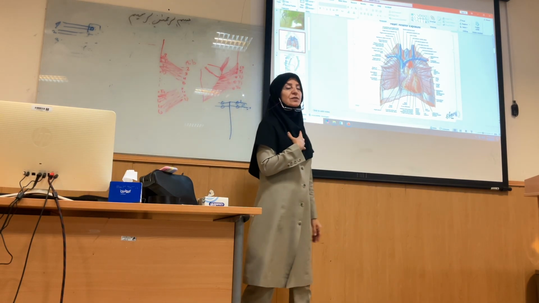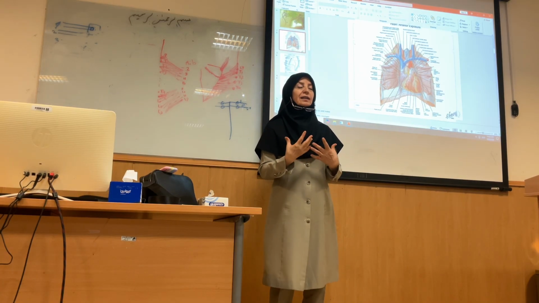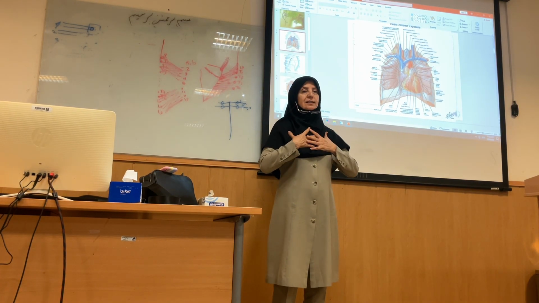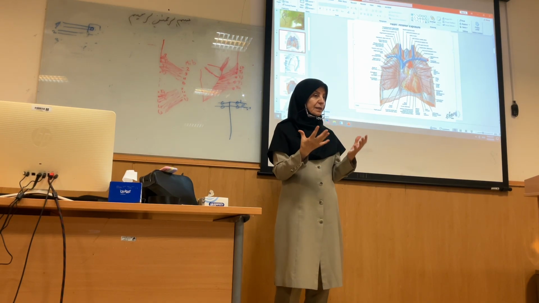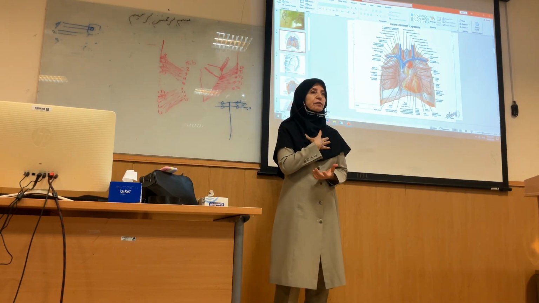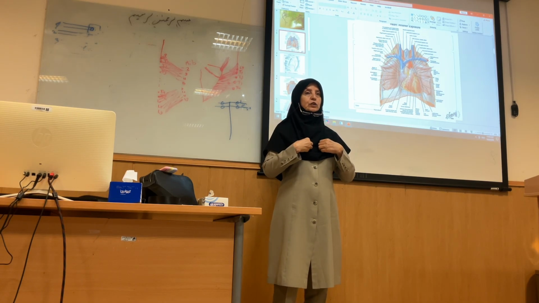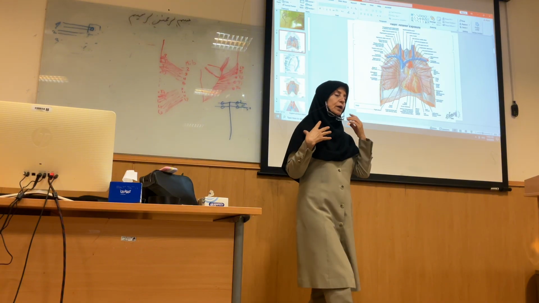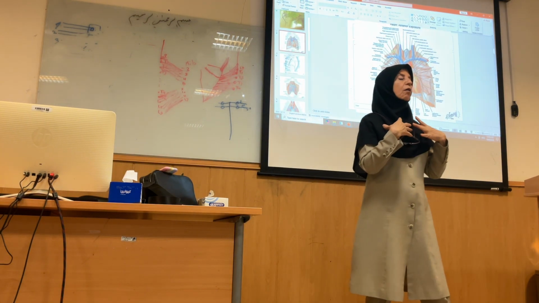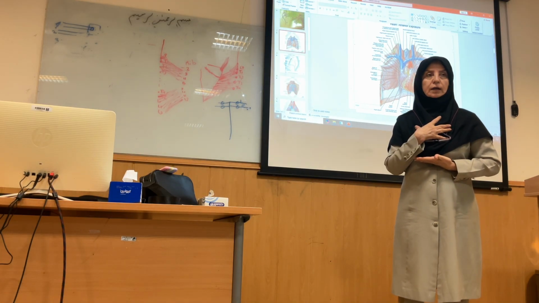Let me speak about a structure, a very amazing organ, whose position is inside of the thoracic cavity. You know the costal cartilage, the muscle, the bone; all of the bone is going to protect all of the content, all of the organs inside of the thorax.